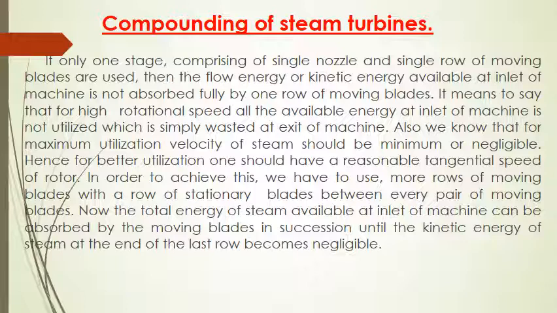So if you make steam undergo expansion in a single row of rotor or single row of blades, then complete energy will not be utilized properly. So that is why we use a concept called compounding in order to utilize complete energy from the steam.